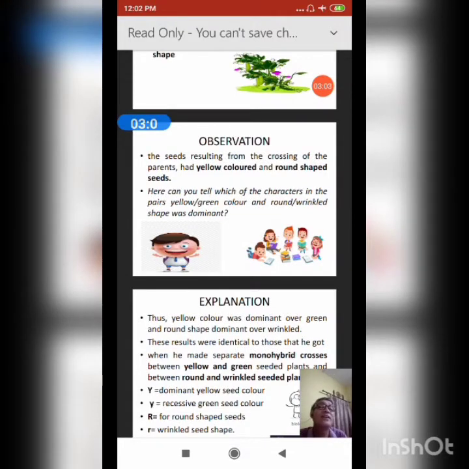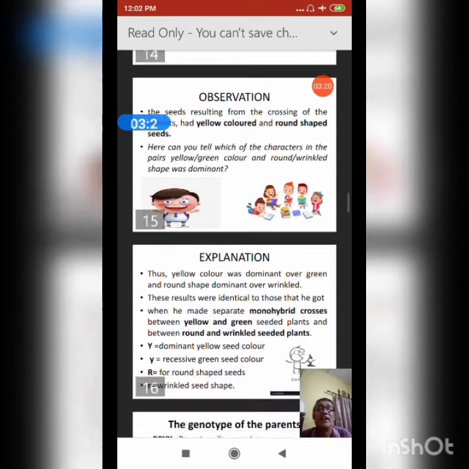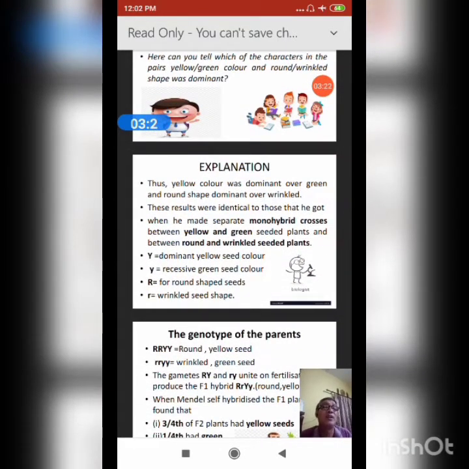The seeds resulting from the crossing of the parents had yellow colored and round shaped seeds. Here, can you tell, students, which of the characters in the pairs, yellow or green color and round or wrinkled shape, was dominant? Let us discuss how it is possible in the explanation portion. Thus the yellow color was dominant over the green, and round shape dominant over the wrinkled.